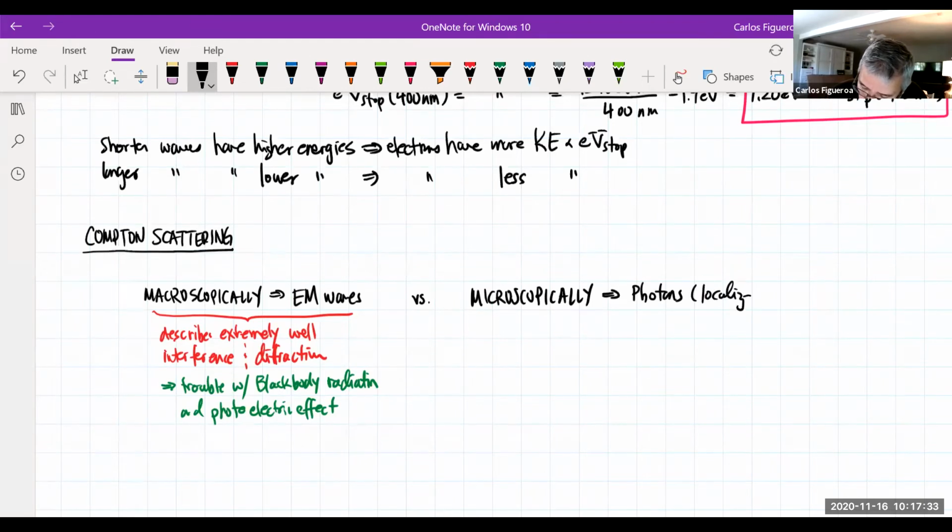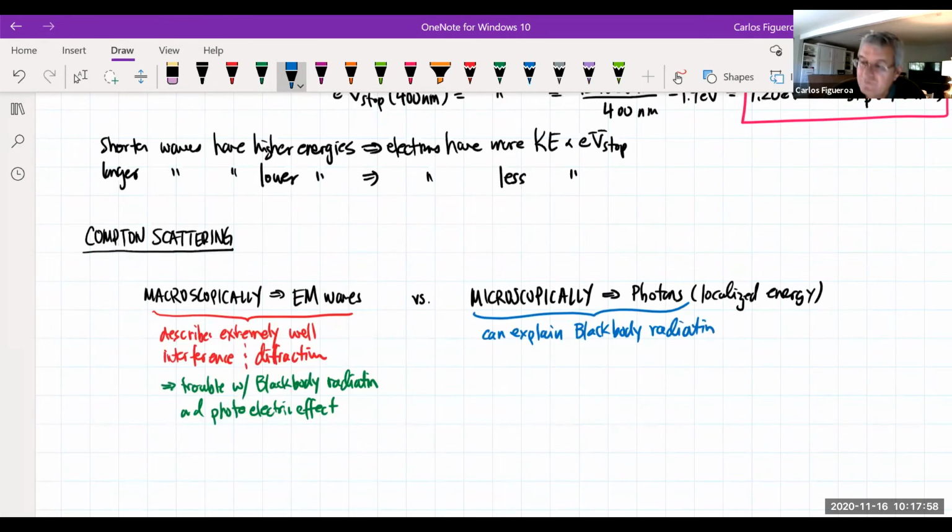It's localized energy. And what emerges here, in this case, is that it can explain black body radiation. And remember, that's the infinite energy problem and the photoelectric effect.